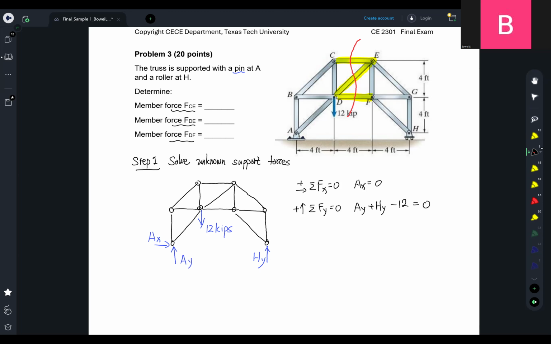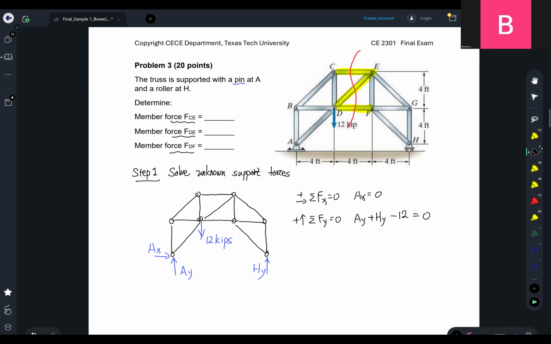So the third equation, of moment, will tell us that. The summation of moment about a point equals 0. Typically, by taking a summation of moment, we have to select a point.